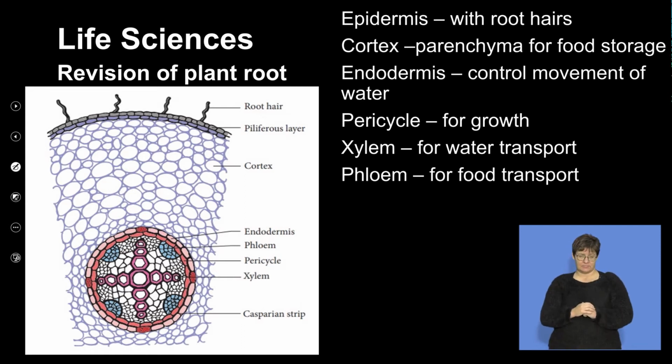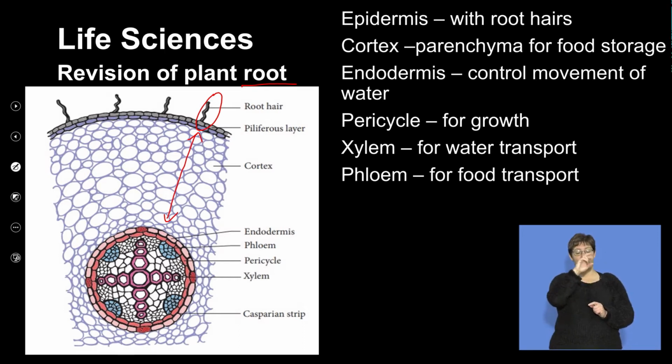Okay, this is our root, and hopefully this looks familiar to you. One giveaway, of course, is the fact that if it's got those little things sticking out, it has root hairs. That is the cortex of parenchyma cells where food is stored.